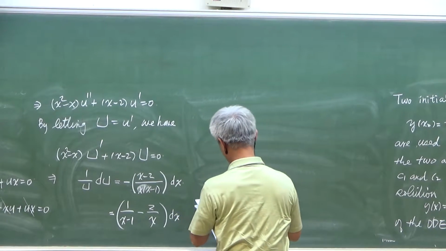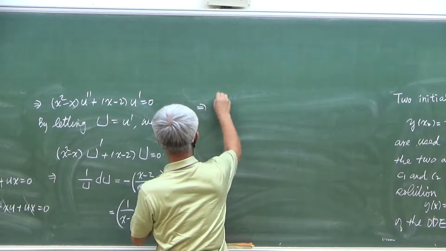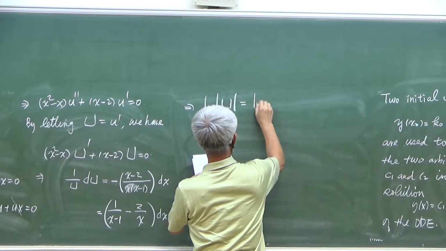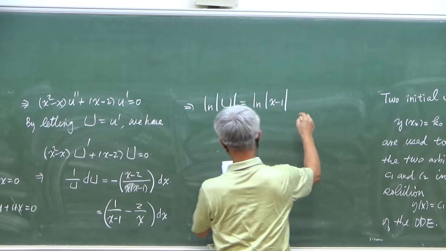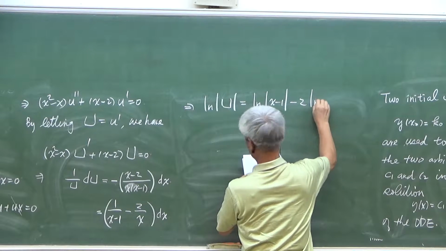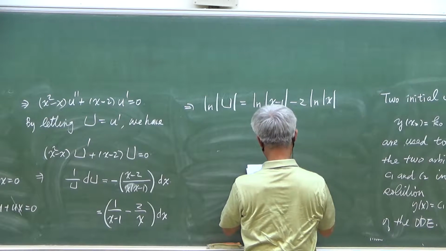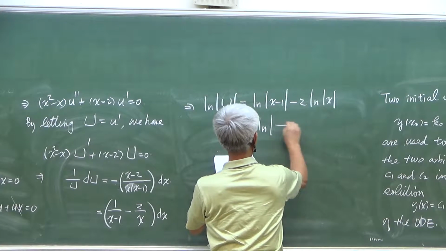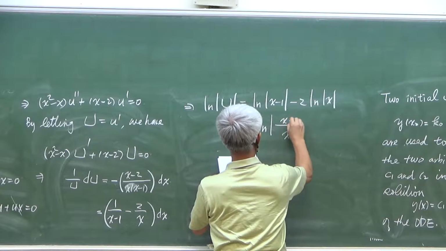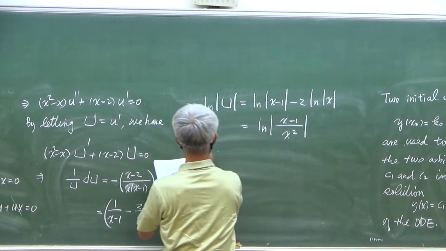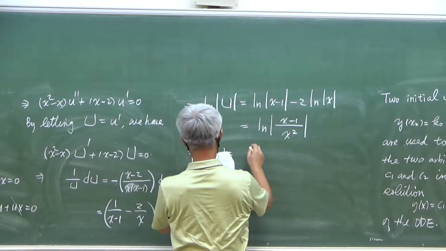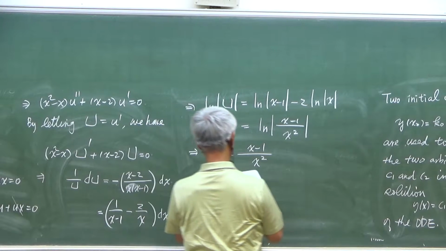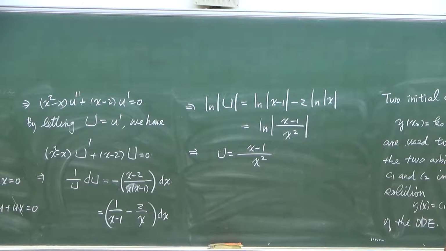All right, so we have the integral, and this is equal to, so capital U is equal to 1 over x squared. Right. So we find the solution.